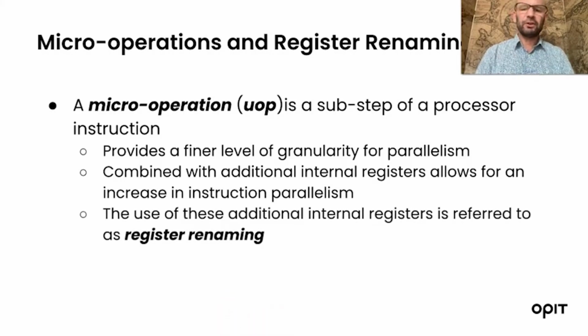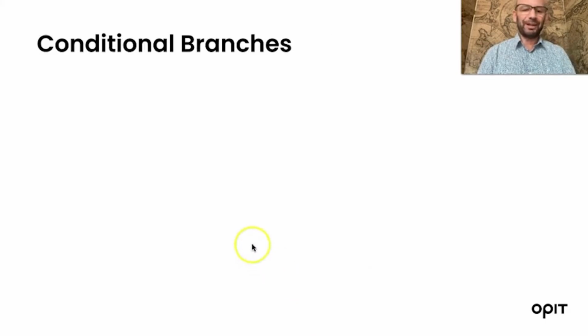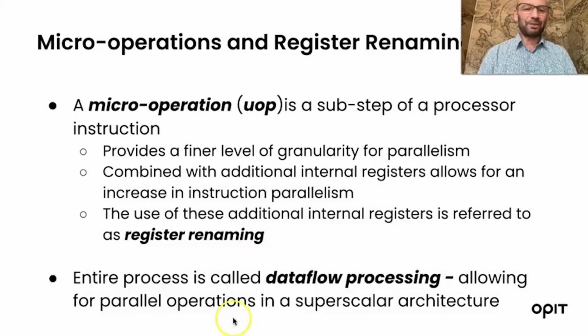The use of these additional internal registers is referred to as register renaming. And this entire process of breaking down into micro operations and register renaming is called data flow processing. Data flow processing allows for parallel operations in what we call a superscalar architecture.